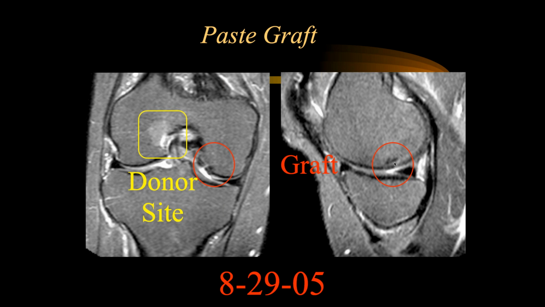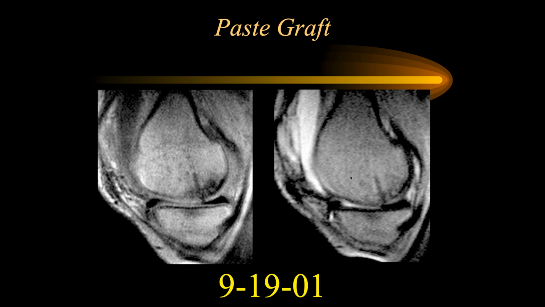And much to my surprise, these do actually very well. In fact, that's another study that we could do. We've got a large number of these patients with follow-up where we could get some numbers. We've got a number of examples now where they've done pretty well.